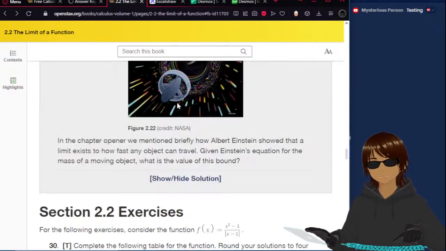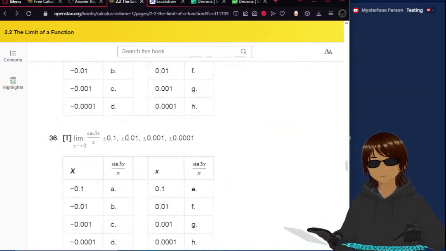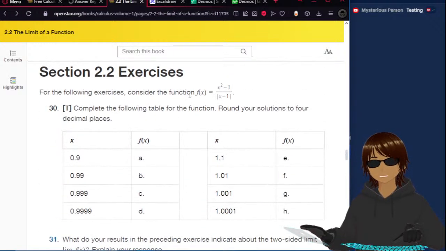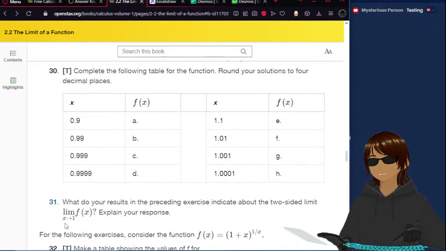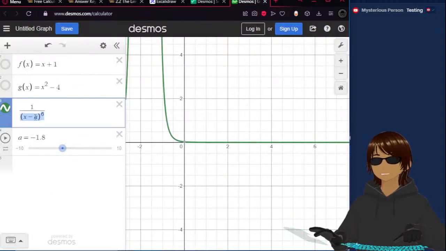For the following exercise, consider the function f of x equals x squared minus 1 over modulus x minus 1. What does your result in the preceding exercise indicate about two-sided limits of f of x as x approaches 1? Oh, I have to fill this in. I don't have time for that.